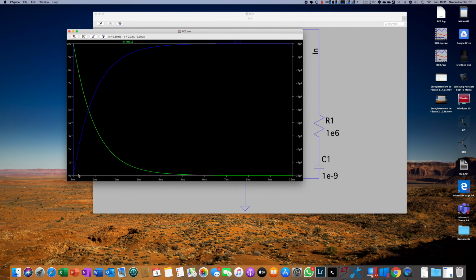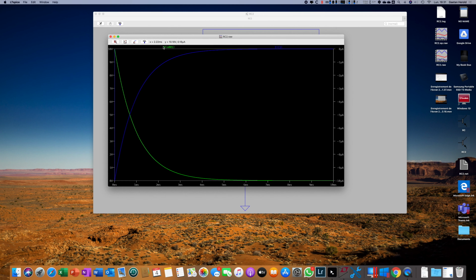We can see that at the beginning the absolute value is quite high, and that it goes down exponentially towards 0. We can also see on this graph quite easily the time constant. On this graph, the time constant would be the time it takes for the voltage to reach about 37%, 1 over e, of its initial value.